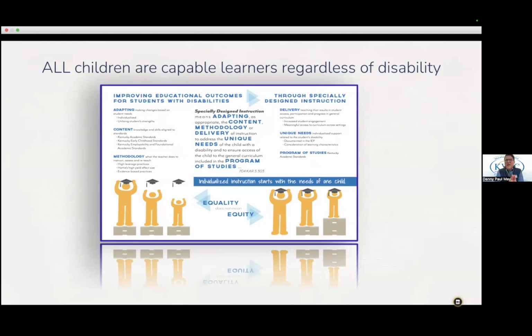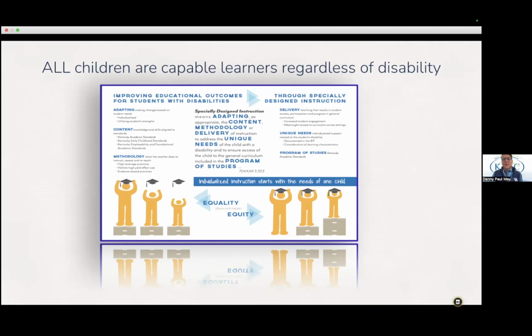It puts the definition right in the middle, and it comes right from the Kentucky Administrative Regulations. So specially designed instruction, first and foremost, is regulated. It's a mandated piece of the IEP. And when you talk about it, it has three pieces really: adapting content, methodology, and delivery of instruction. It's for students with disabilities that have IEPs, and we need to be thinking about strategies to meet their unique needs.